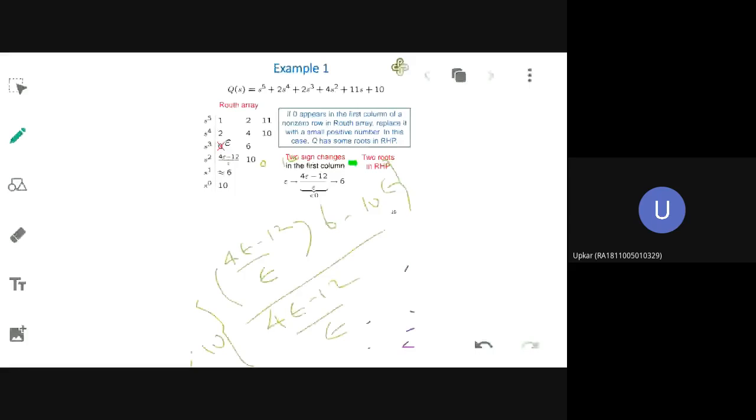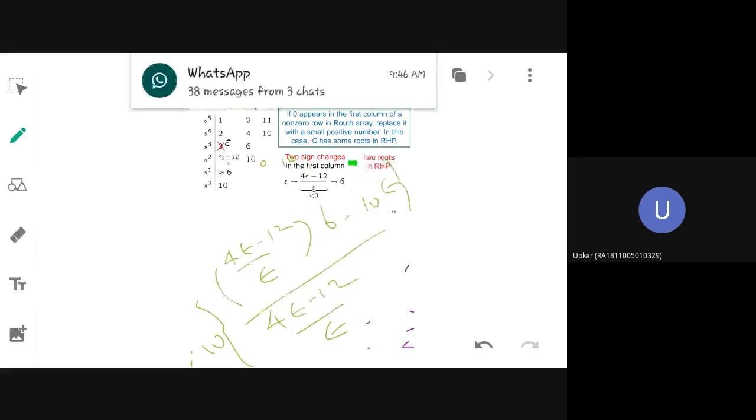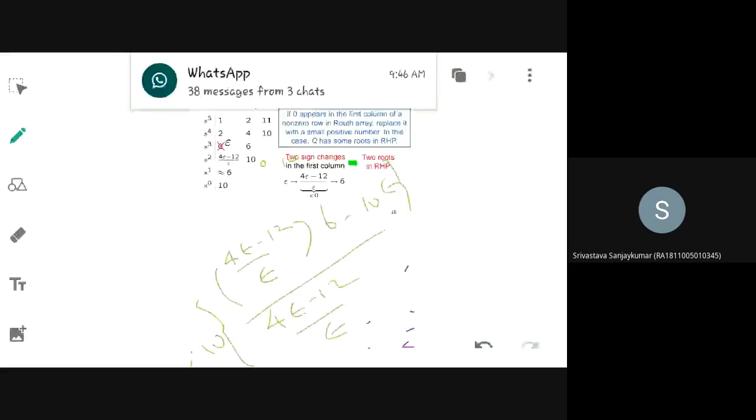Okay, so all are able to see the polynomial that I'm showing, I guess? Cannot see the polynomial, WhatsApp logo is coming.